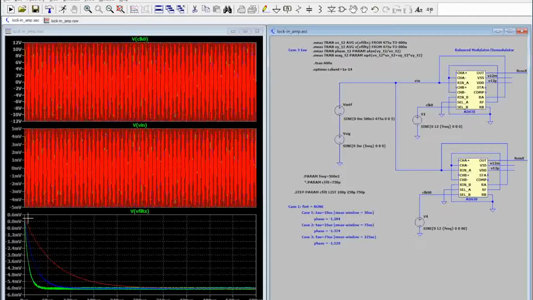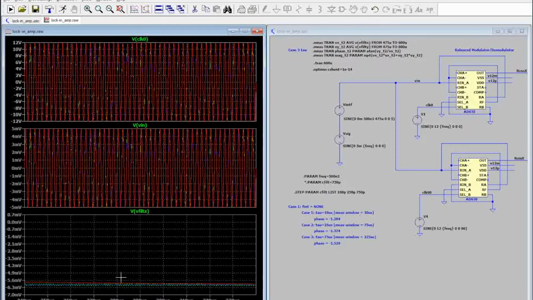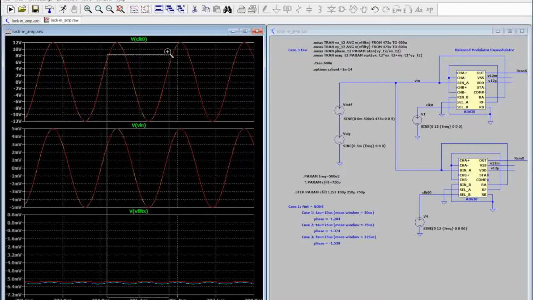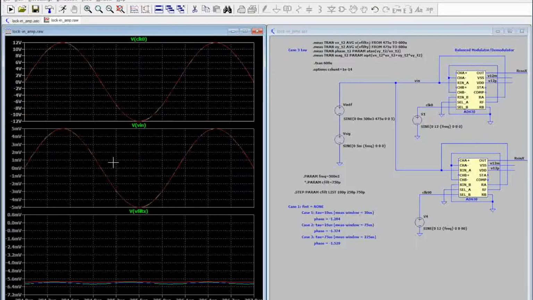On the left side over here, the graph shows the settling for the 3 cases. The fastest settling is for, of course, the shortest time constant. It's also noisier. The blue one is for the second, and the red one for the final, slowest, longest time constant. If I zoom in here, you'll see the clock and data of the signal are basically in phase. So they are perfectly in phase.